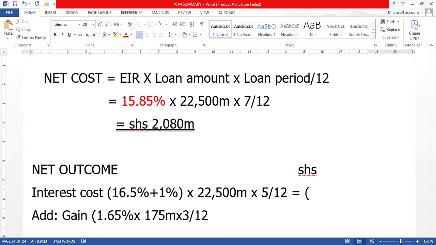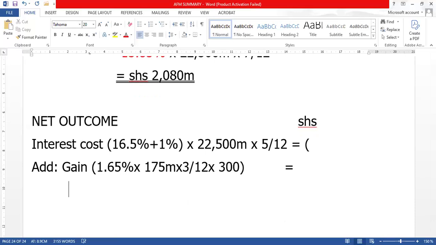Futures term, the contract period, duration. How many contracts? 300. Then you get the answer. What do you get? The answer you get directly will be the net cost.